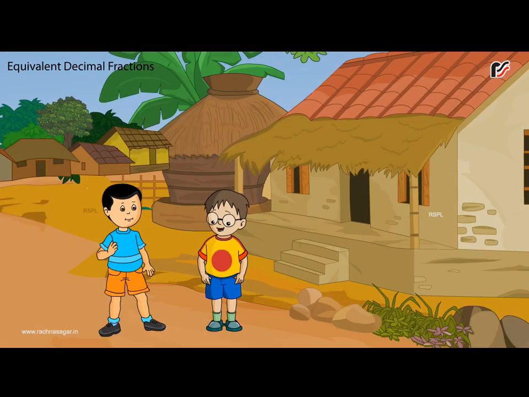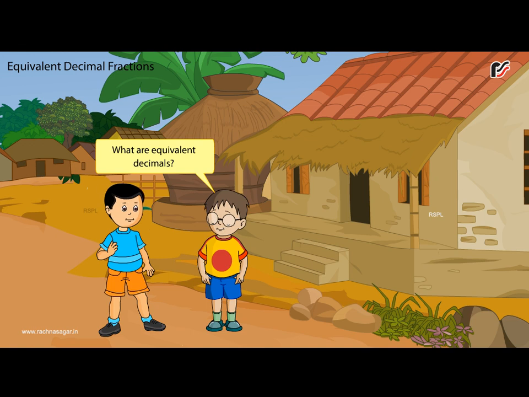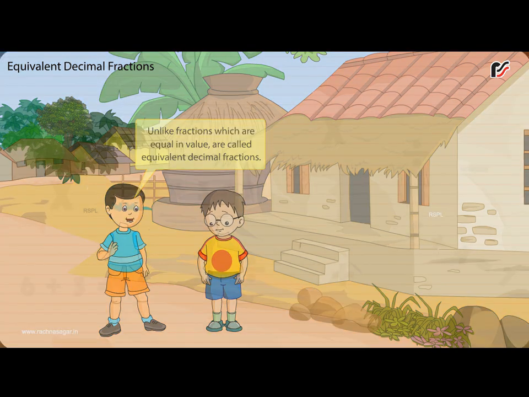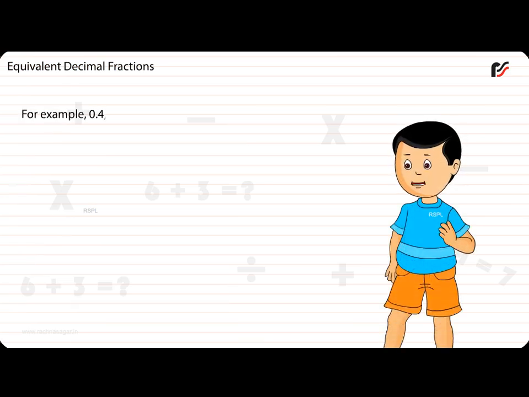Equivalent decimal fractions. What are equivalent decimals? Unlike fractions which are equal in value are called equivalent decimal fractions. For example, 0.4, 0.40, 0.400, 0.4000.